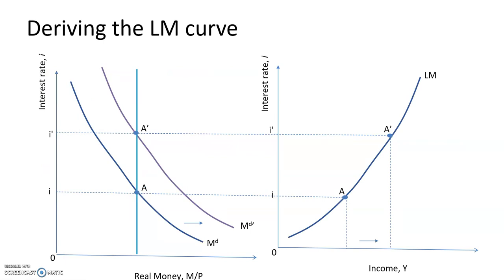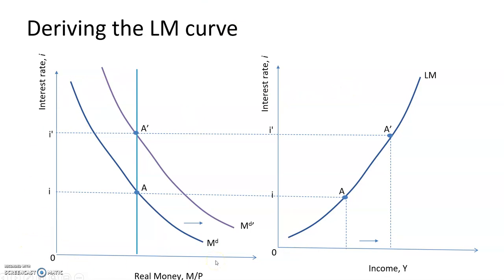Deriving the LM curve. To see the relation between output and the interest rate implied by the equation M over P is equal to YL(i), let's use this figure. Let's first look at figure A. So say this is figure A and this is figure B. So look first at figure A. Let the interest rate be measured on the vertical axis and real money on the horizontal axis.